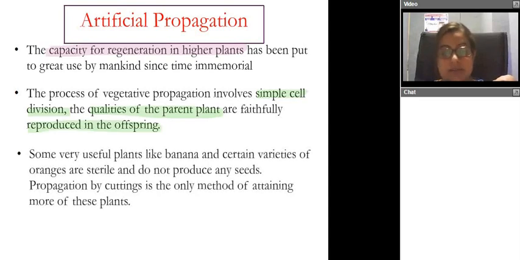Some useful plants like banana and certain varieties of oranges do not produce seeds, so they are grown by the process of artificial vegetative propagation.